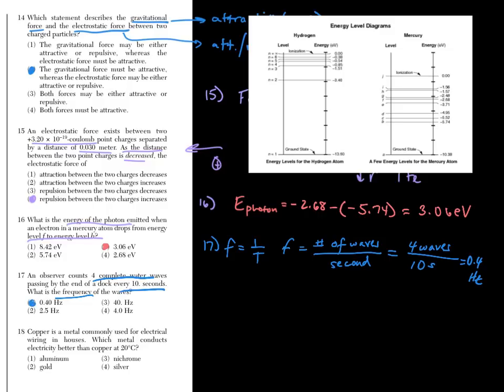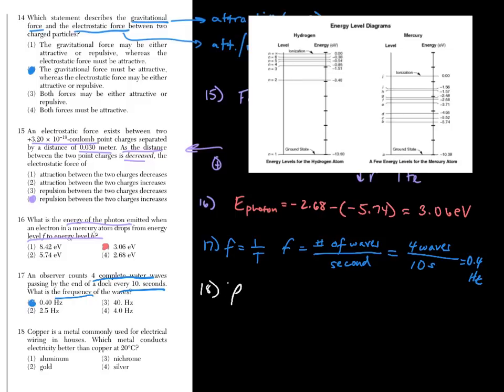And finally, number 18 on this page. Copper is used for electrical wiring. We're looking for metal that conducts electricity better than copper. So all these materials of the metals are determined by their resistivity values, okay?